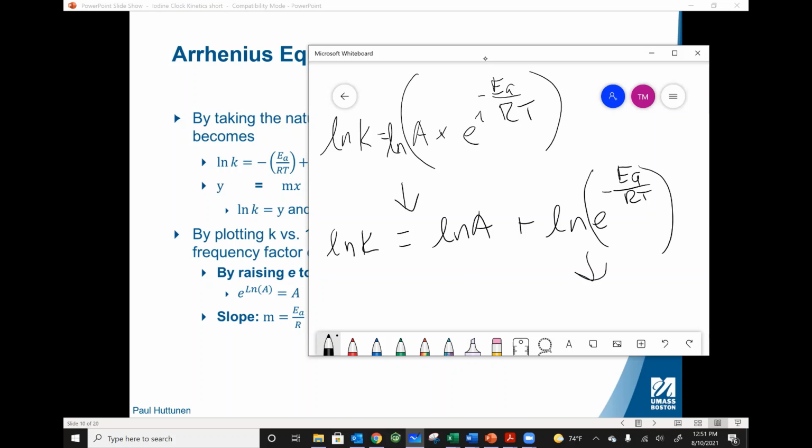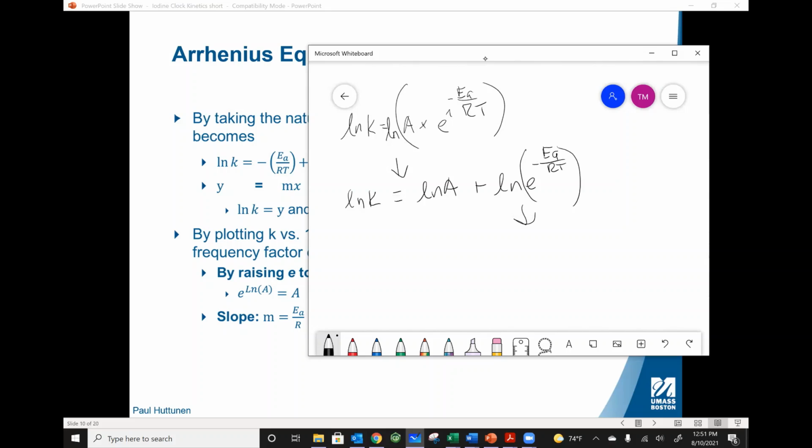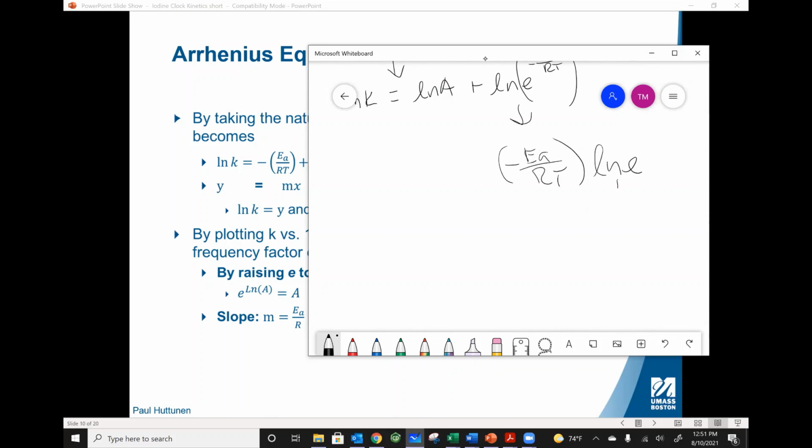You bring the power out in front, so it would be negative Ea over RT times the ln of e, and the ln of e equals 1.